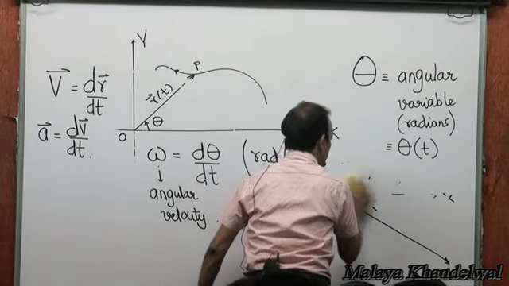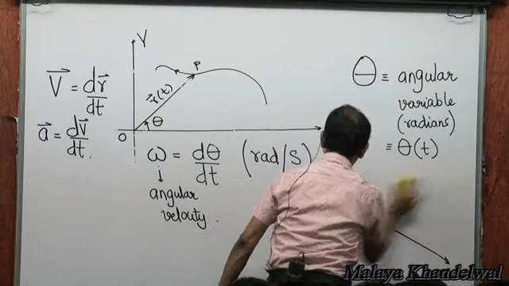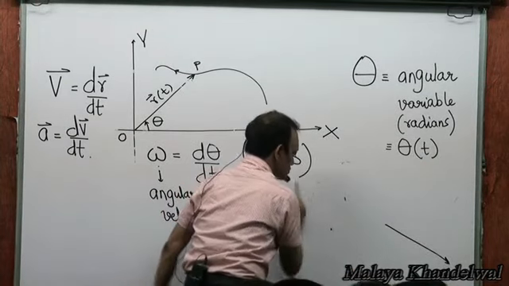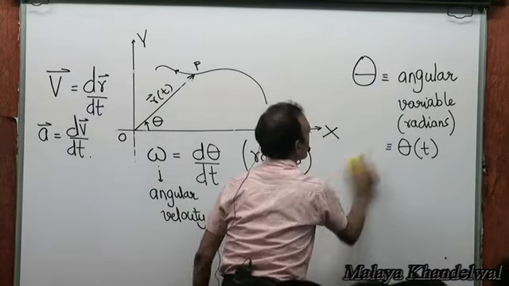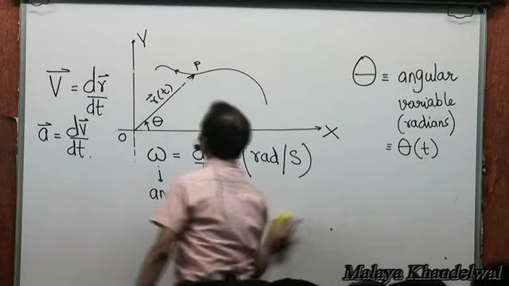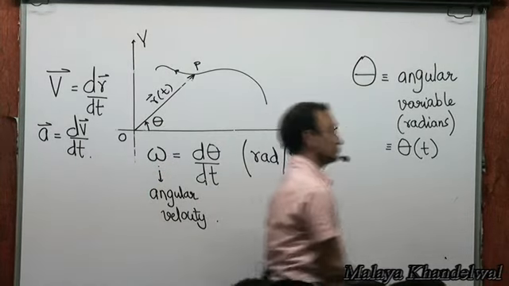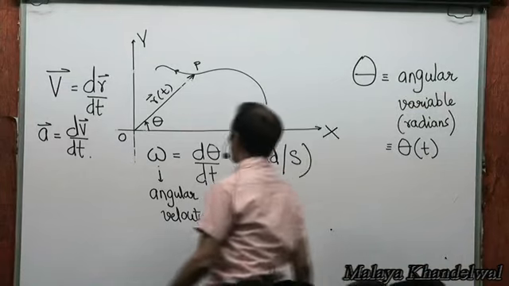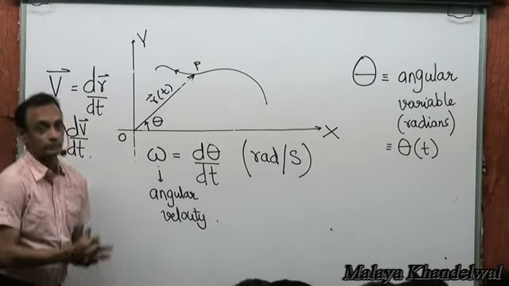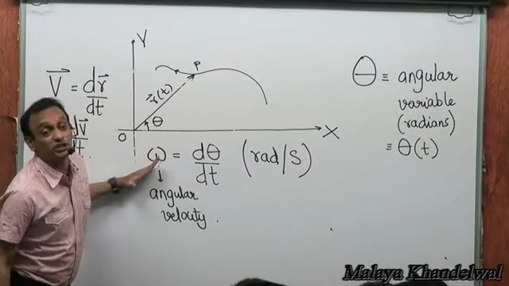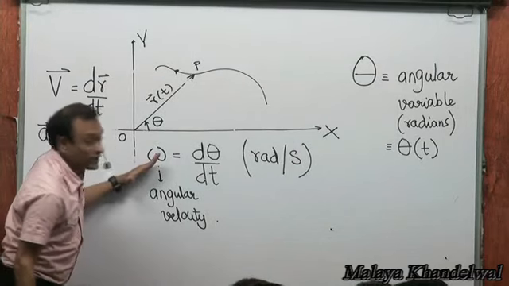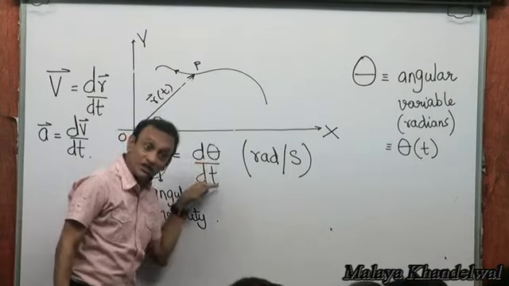Now, we also define the rate at which this omega changes with time. This is angular velocity, the rate at which theta changes with time.